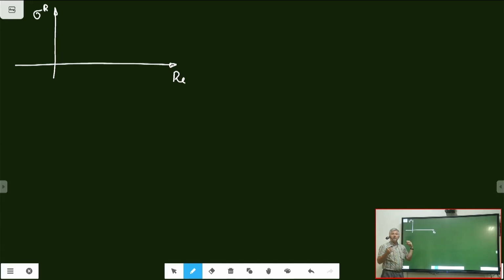We are looking for the value of the Reynolds number where the largest sigma R value becomes positive, or at least 0. And this occurs somewhere here, and we call it the critical Reynolds number. And we do this numerically, right? You saw the code, I ran the code.